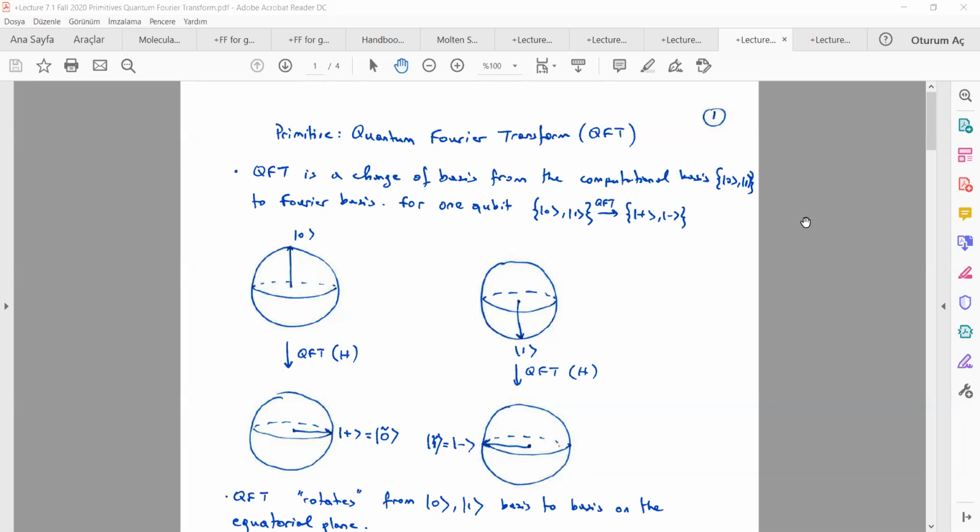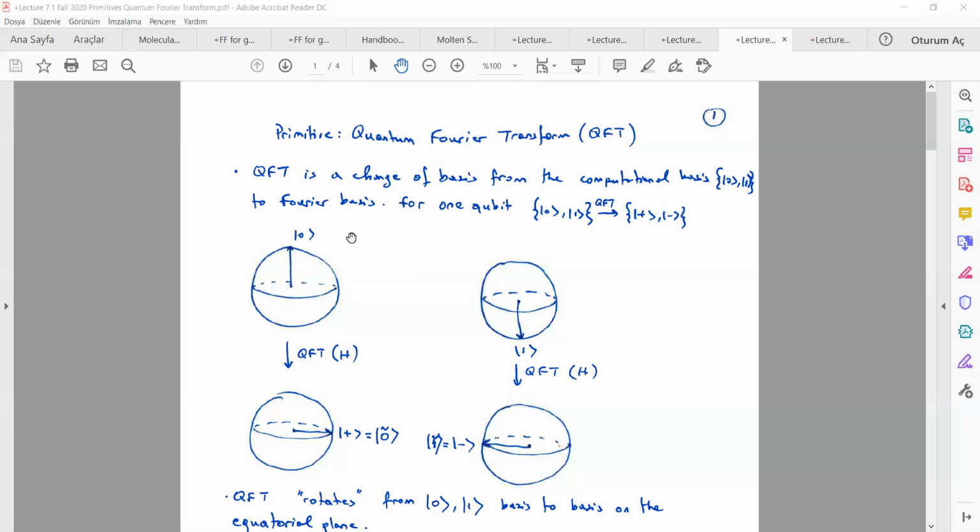So the quantum Fourier transform is also very similar. But let's see how we implement the quantum Fourier transform using quantum circuits. The quantum Fourier transform can be visualized as a change of basis from the computational basis, which was ket 0, ket 1, to the Fourier basis.